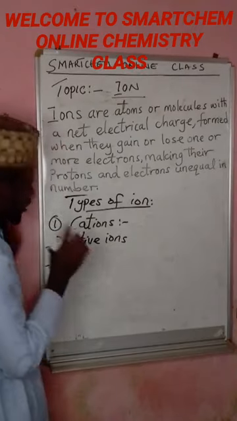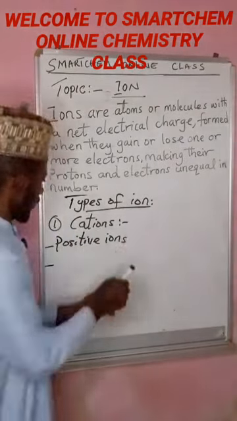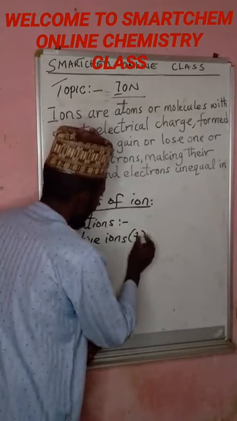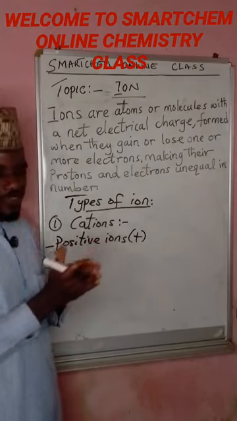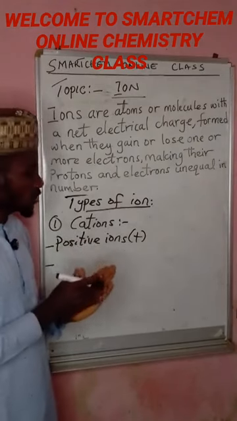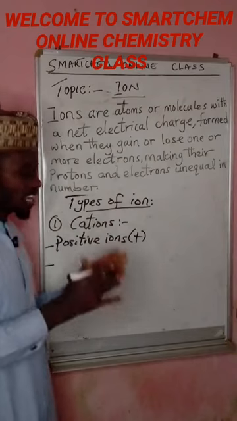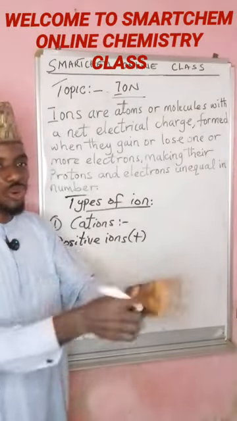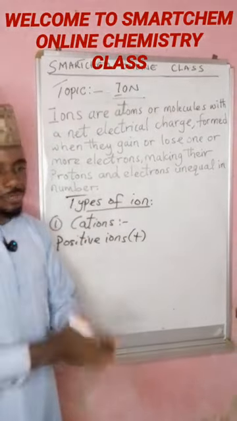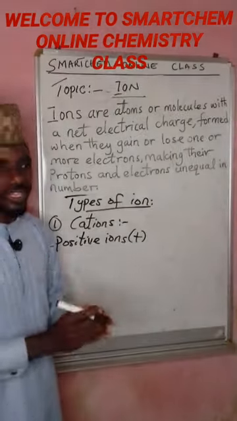When we say positive, they are carrying a plus charge. So how do they form? These cations are formed when an atom or molecule loses one or more electrons.